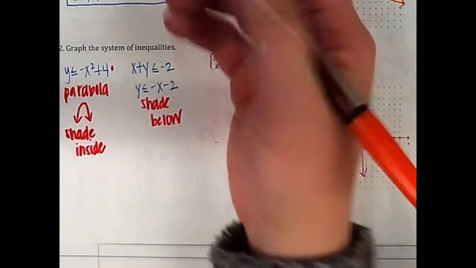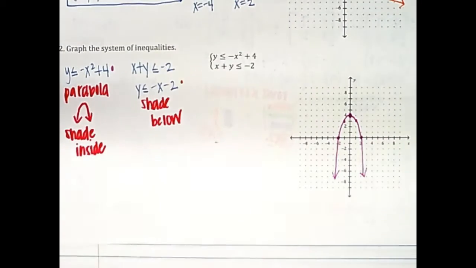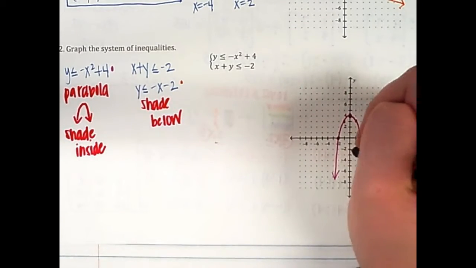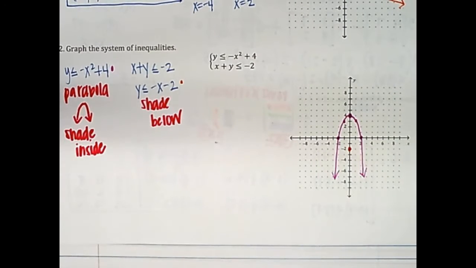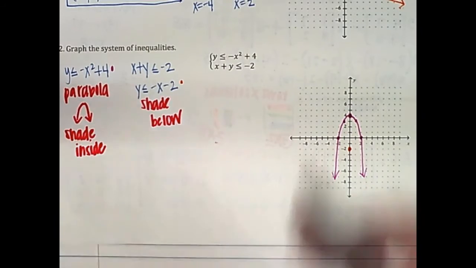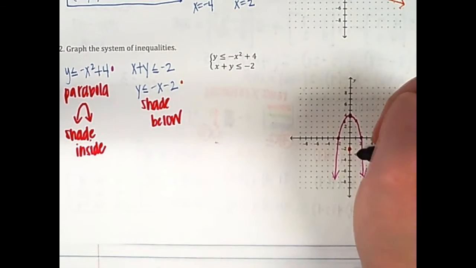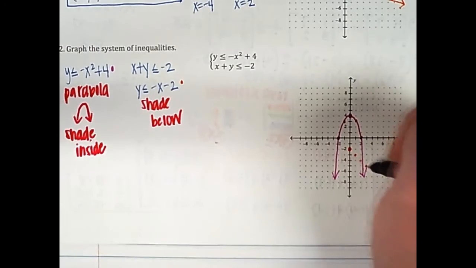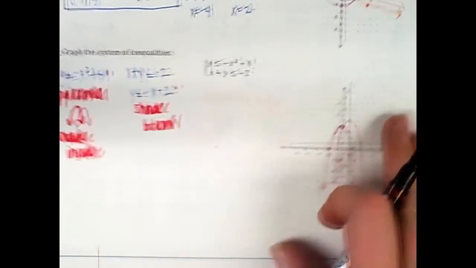Okay, and then I graph my line, which I'm going to do in orange. I start at negative 2, and then my slope is negative 1. So I would go down 1, over, down and over, and I can draw my line.